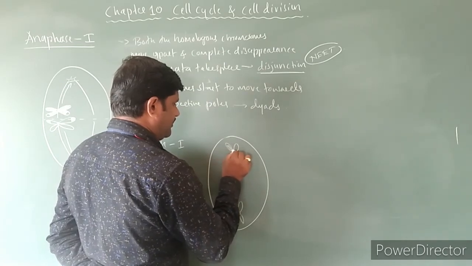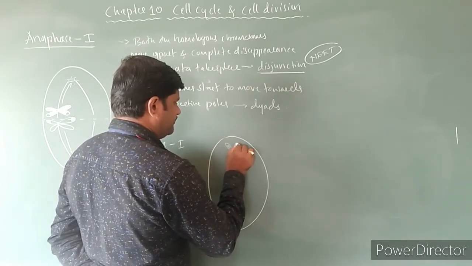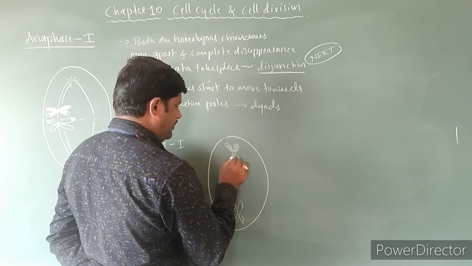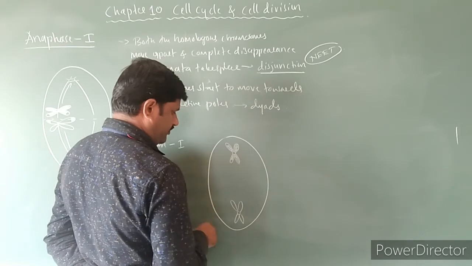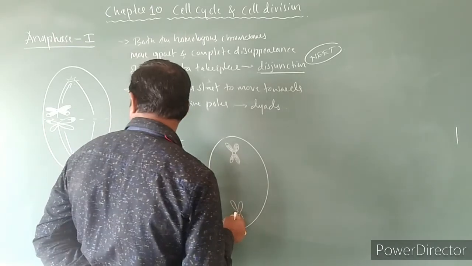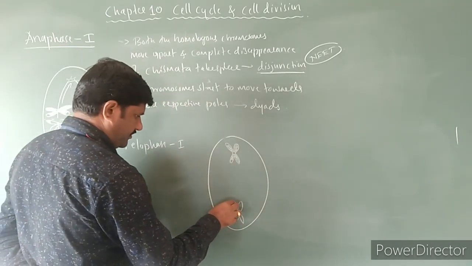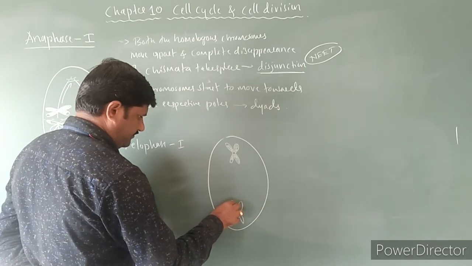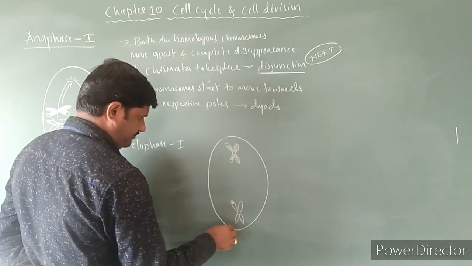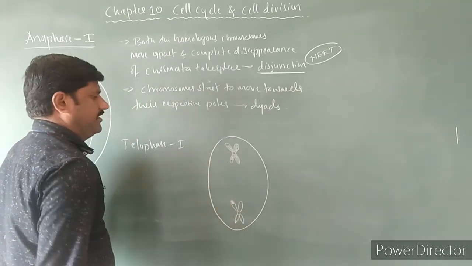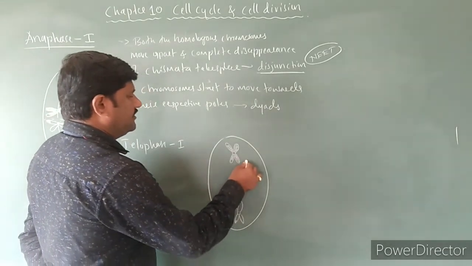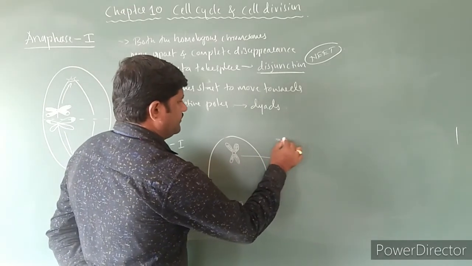See here, this chromosomal set has reached this pole, and this one has reached this pole. So now what takes place here?